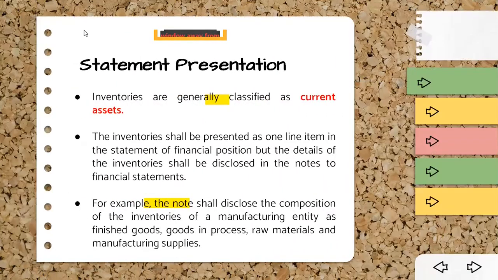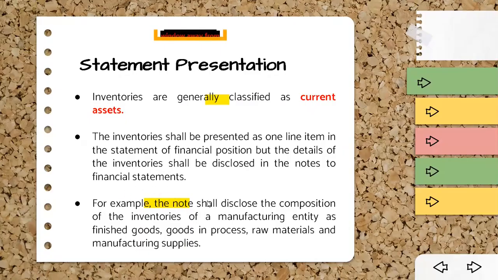Okay, so let's proceed to the statement presentation. Generally, inventories are classified as current assets, and they shall be presented as one line item in the statement of financial position, the details of which shall be disclosed in the notes to financial statements.